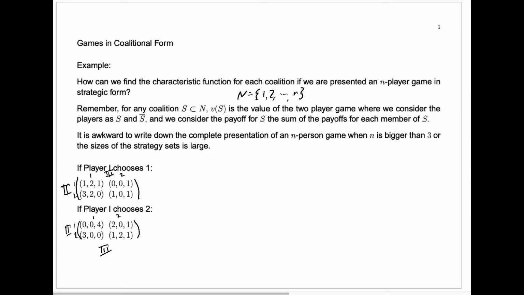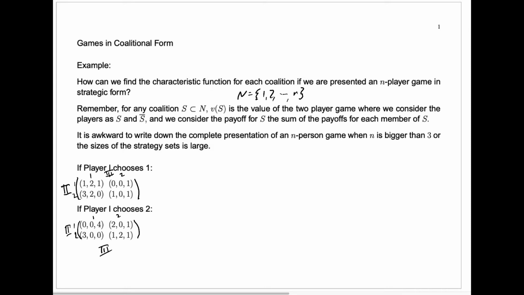And then again, for any choice of 2 and 3, here 2 is the row player, 3 is the column player. Each has 2 choices. We have the matrix, the 4 entries here, each one of which is a triple, again telling the payouts for players 1, 2, and 3. So all of this information tells you exactly what will happen for any choices for players 1, 2, and 3.